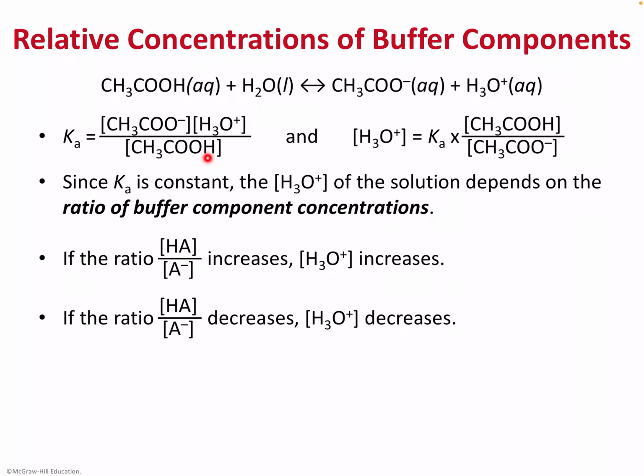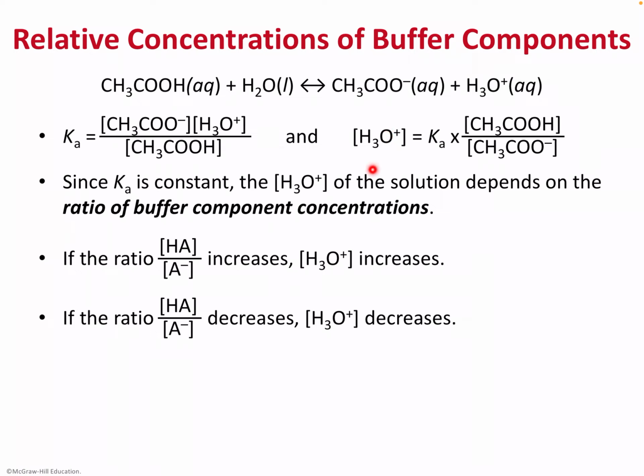Right, that's the Ka, acid dissociation constant. So if you want to find out the amount of hydronium ion, basically what you do is you multiply Ka times acetic acid and you divide it by acetate ions. Okay, so this is a hydronium ion calculation.